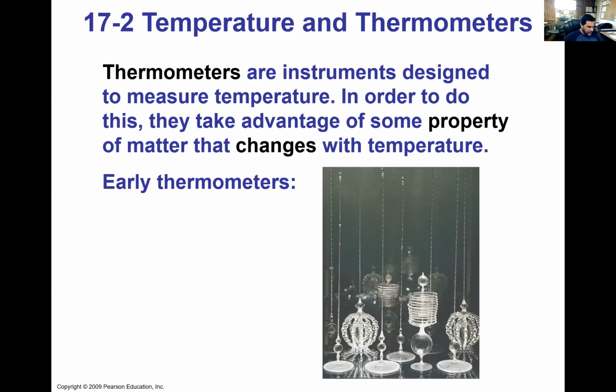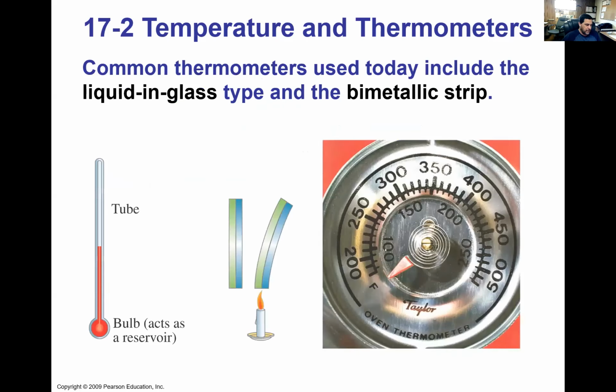The individual glass elements that make this up are usually in water, and then there's usually alcohol or some other material in them that tells you the change in temperature. There's other thermometers out there, liquid and glass.